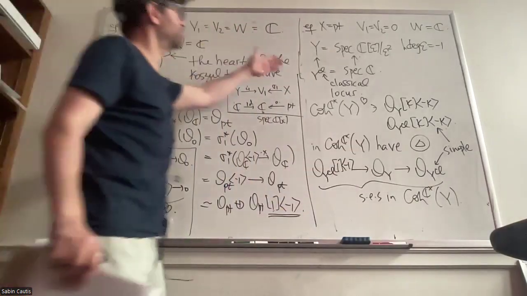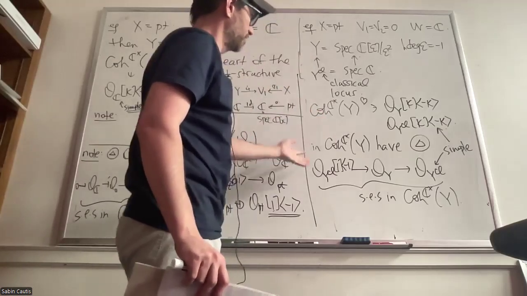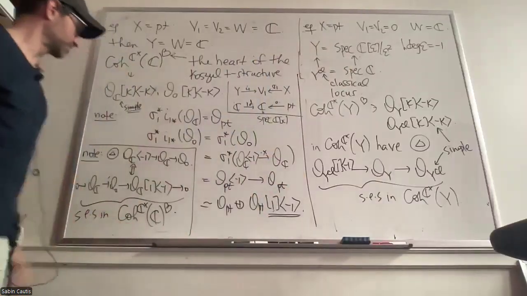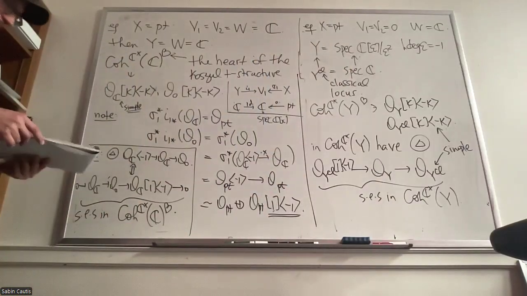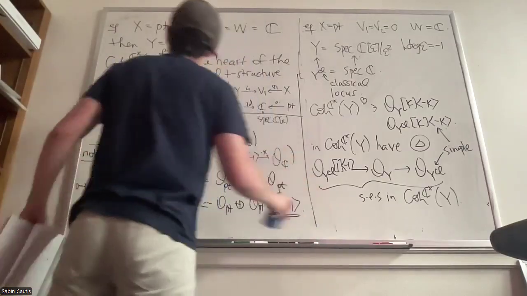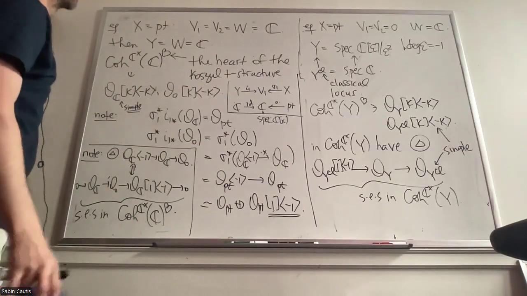If it hadn't been derived, then this would be your space, and of course you wouldn't be able to see very much. It would just be spec of C. You wouldn't look similar to that one. Okay, so those are the simplest but most important two examples.